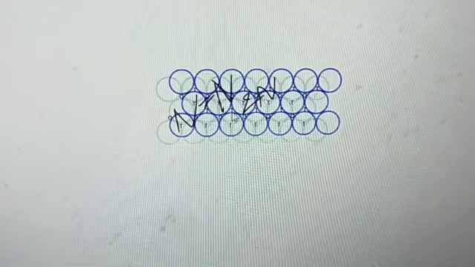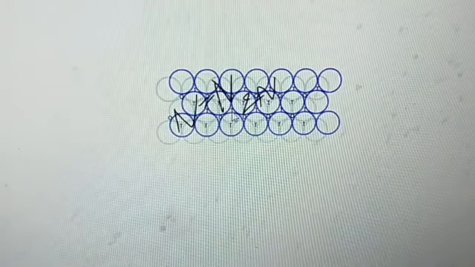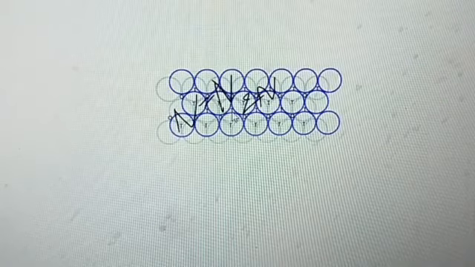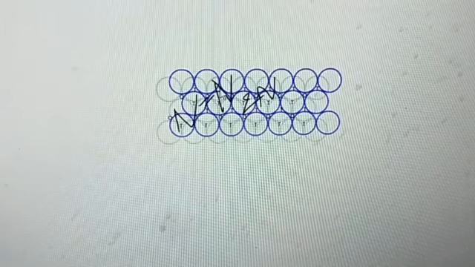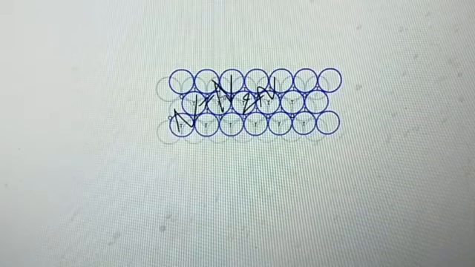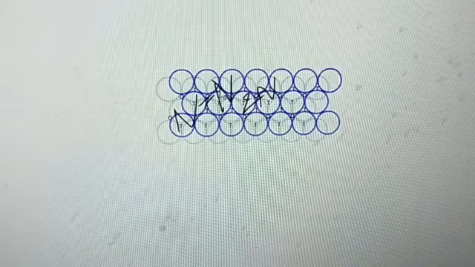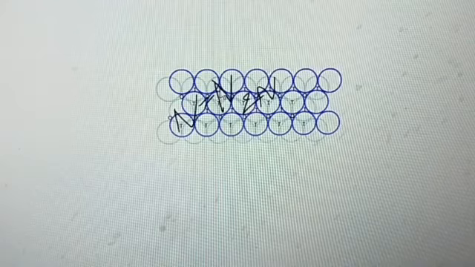The next type of arrangement is placing the third layer over the second layer. Up to now we discussed placing the second layer over the first layer. Now we are going to discuss placing the third layer over the second layer. When the third layer is placed over the second layer, we get two possibilities. What are those two possibilities?